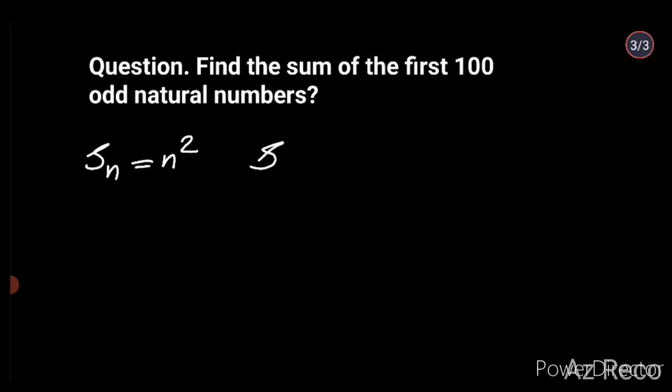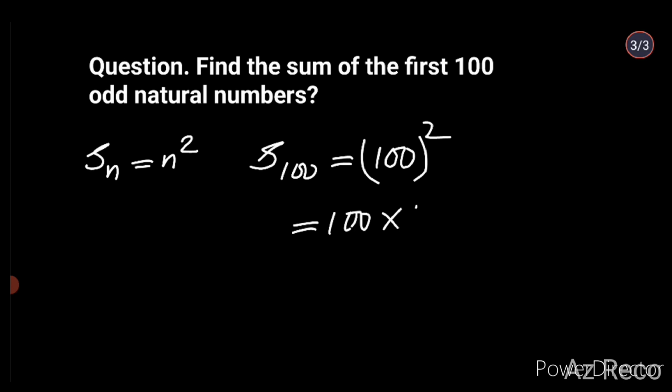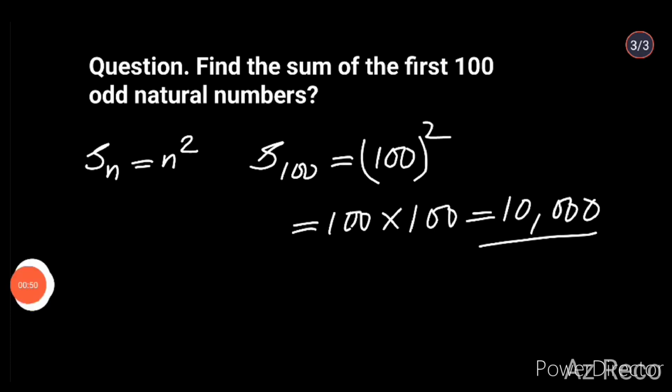S is S100 for 100 terms. So n squared is equal to 100 squared. That is 100 into 100, equal to 10,000. The answer is 10,000. Very clear, and within a few seconds you can find out the answer.